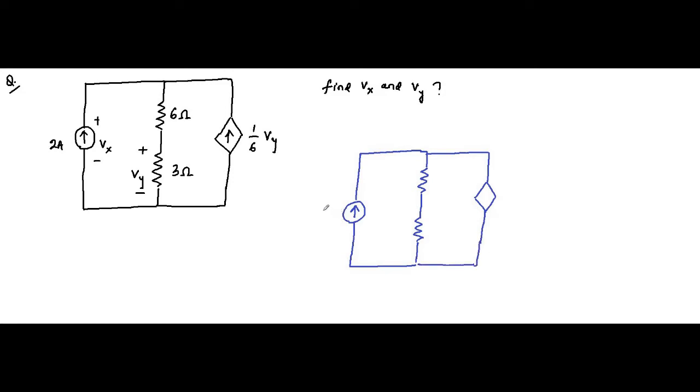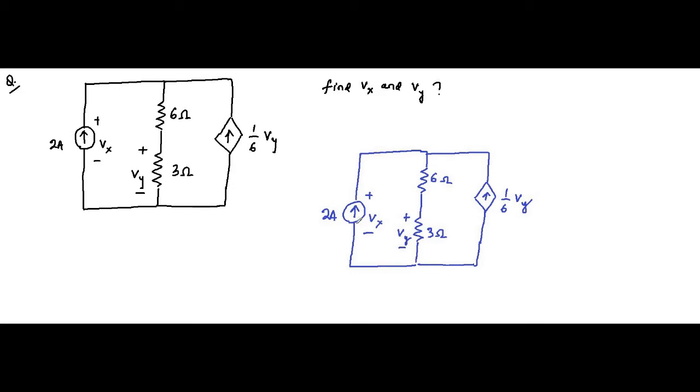Yes, this is 2 ampere, this is 6 ohm, this is 3 ohm. Now this is plus minus Vx, this is plus minus Vy.